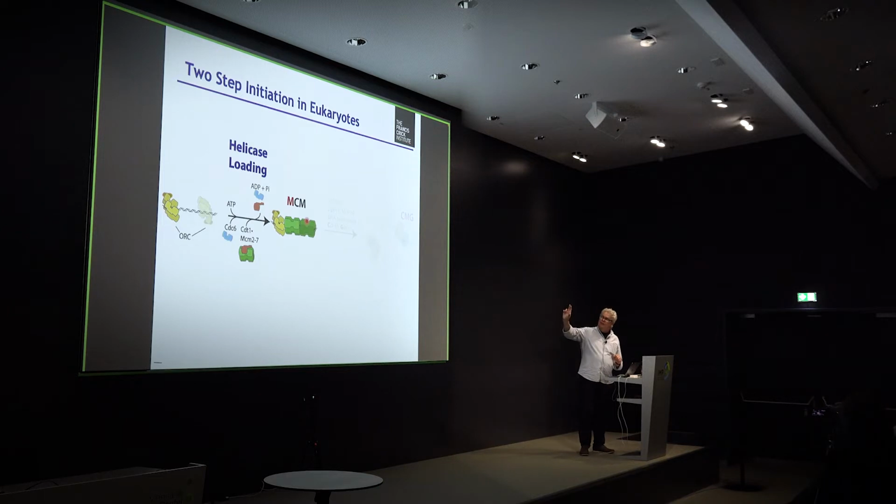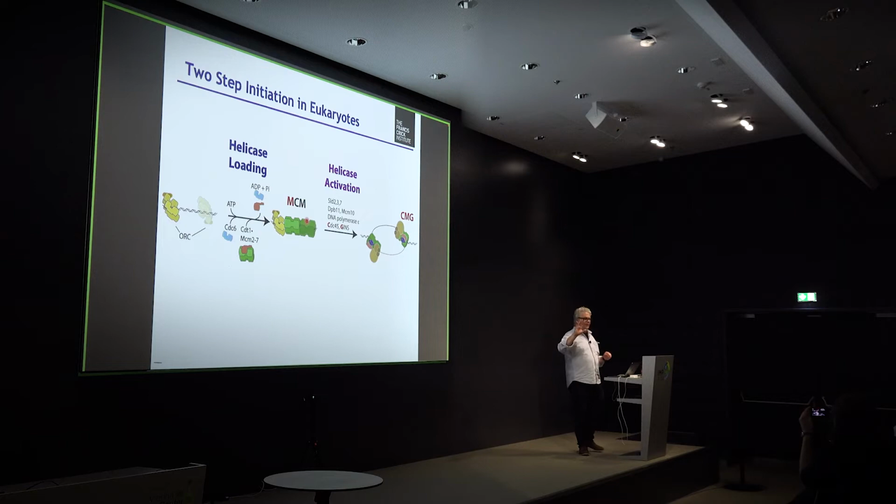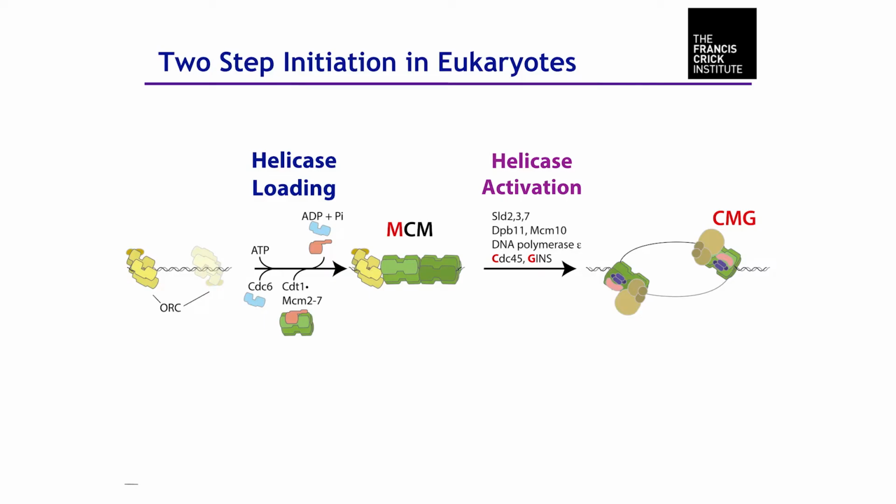But in the first step, the helicase is loaded onto the DNA, and in the second step, the helicase is activated. And by dividing the reaction into 2 steps and coupling these 2 steps to key cell cycle regulators, you can ensure that origins fire just once in every cell cycle. And I'll tell you how that works now.